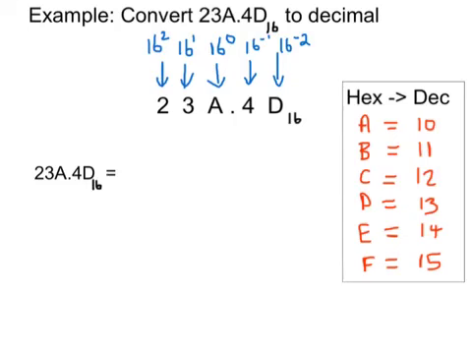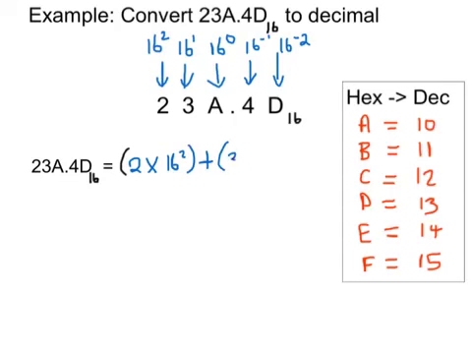So to find the decimal equivalent of 23A.4D, it's equal to 2 multiplied by 16 to the power of 2, plus 3 multiplied by 16 to the power of 1, plus, now the next value is A, and because I'm going to have to do this as a calculation, I'm going to write down the decimal equivalent of A, which is 10.